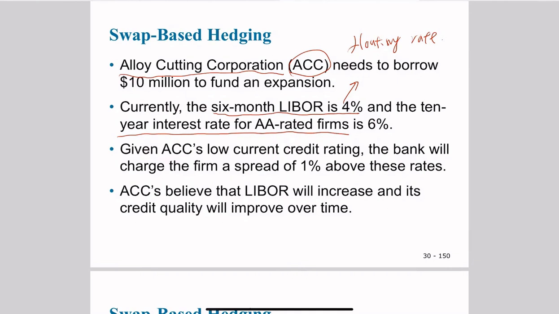For the first 6 months you pay 4%, but at the end of the 6 months you will have to borrow a second time for another 6 months. Now this time maybe you will have to pay a LIBOR rate of 5%, right? And for this 10-year interest rate, because this 6% is fixed for this 10-year rate, we could consider that 6% as a fixed rate.